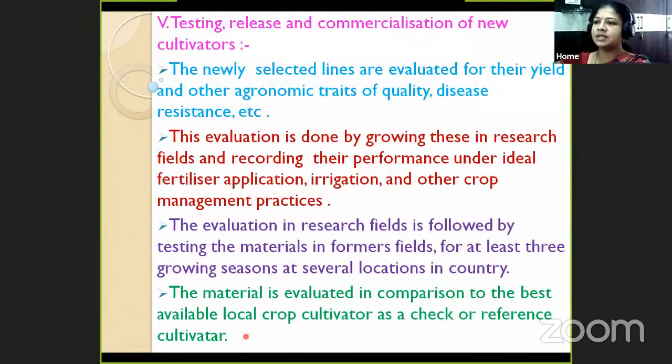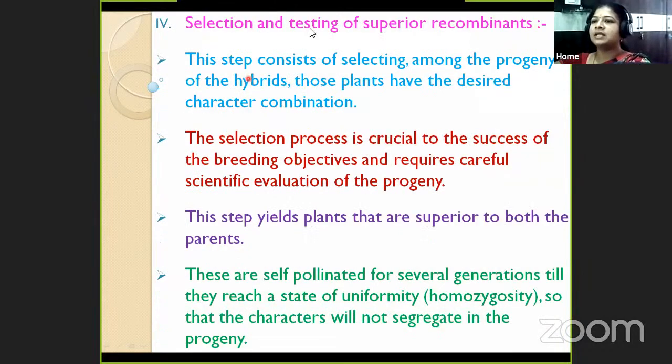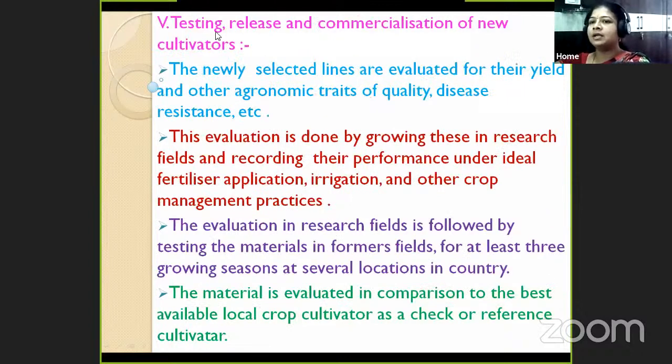Next, the last step in the breeding program: testing, release, and commercialization of new cultivars. The previous step, selection and testing of superior recombinants, is done.